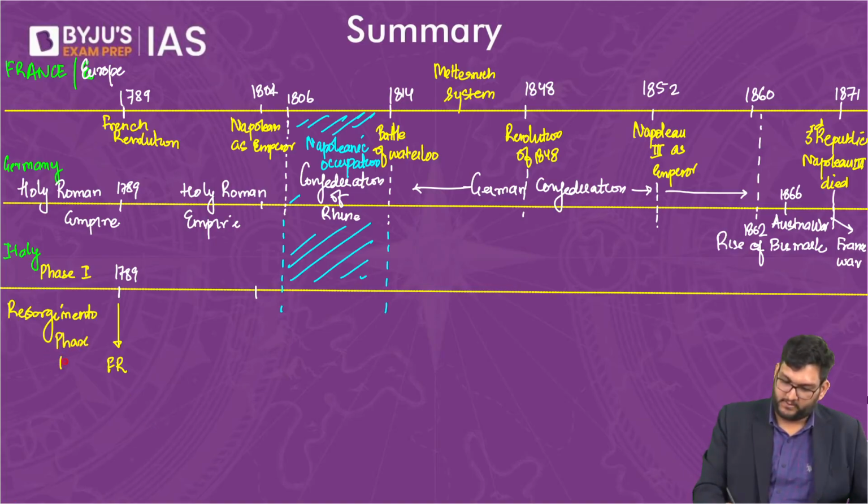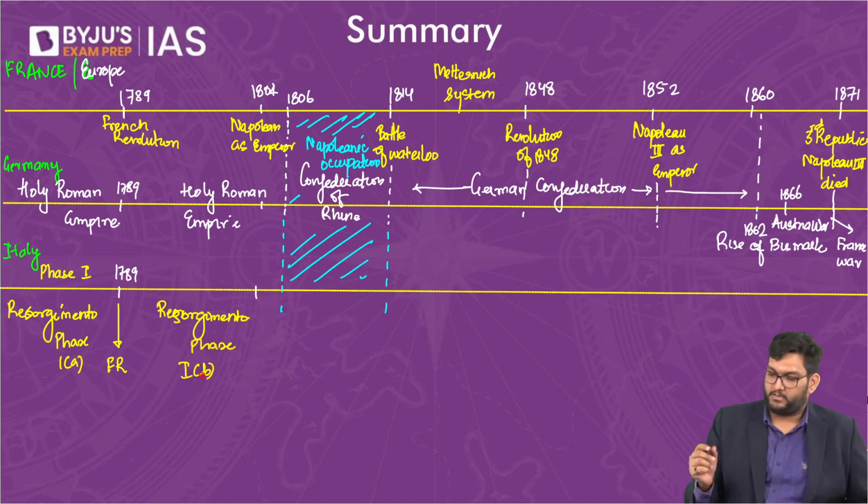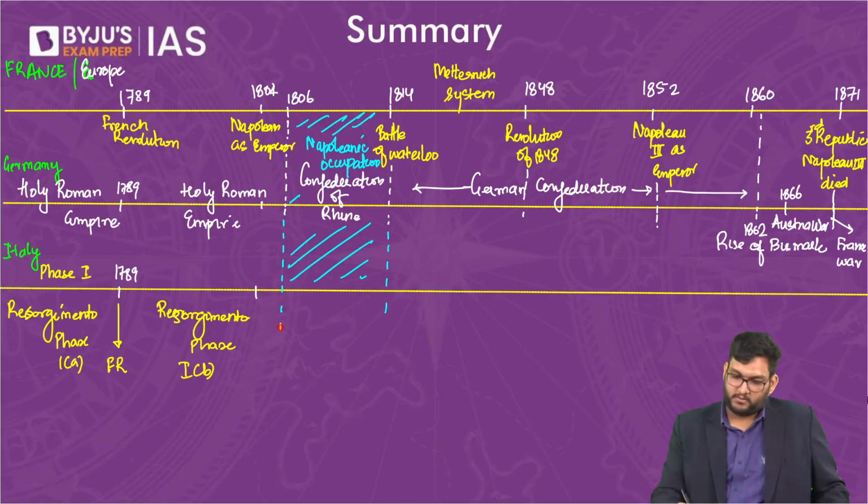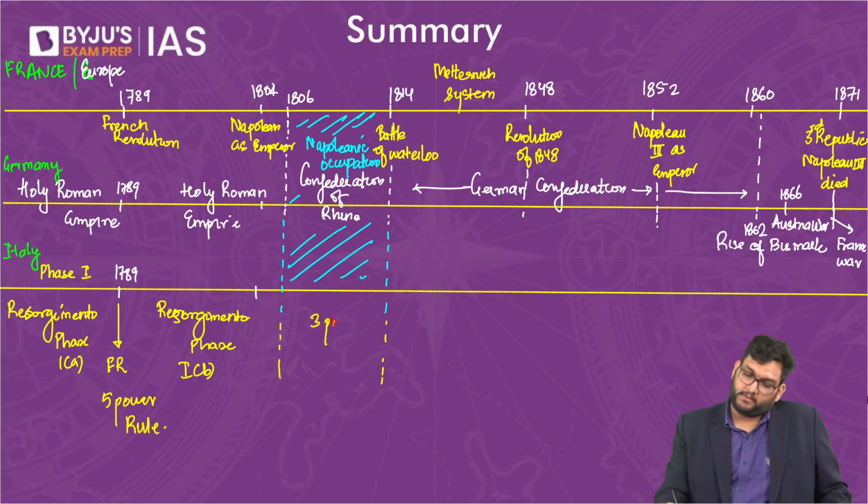Phase 1A, Risorgimento. Phase 1B, five power rule, 3 power, or rather 3 division under Napoleon.